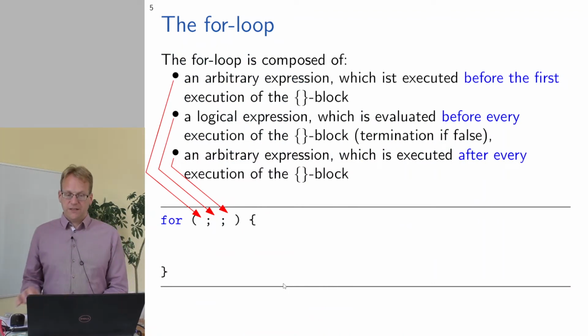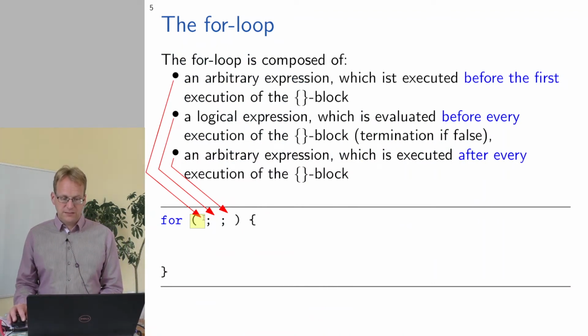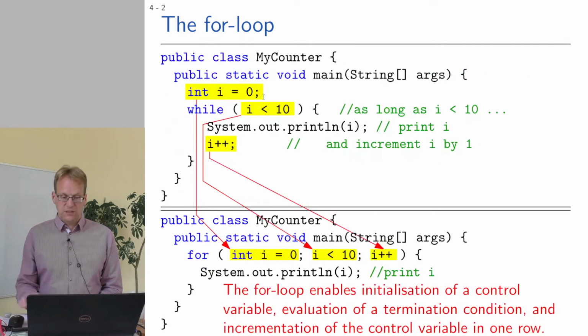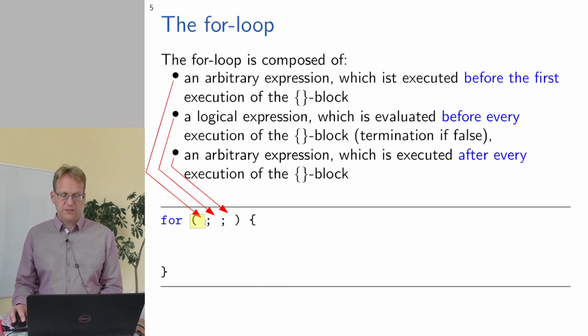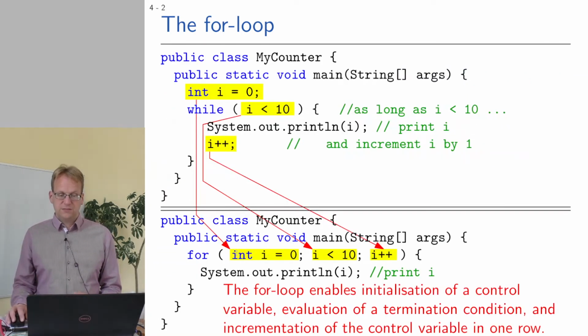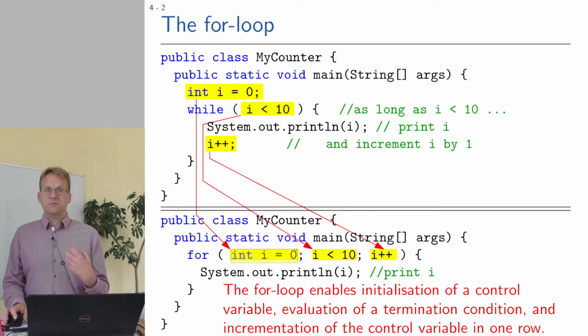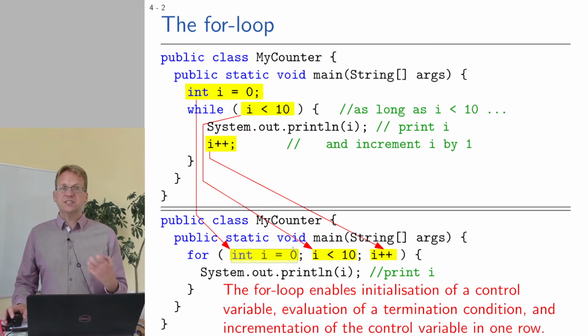In general, however, you can place here within these round brackets arbitrary expressions. Yeah, so there's no need to initialize an int variable here. You could put also, I don't know, the initialization of a Boolean variable there for whatever reason that would be useful. But this, I would say, is most common, that you have maybe a loop iteration counter.